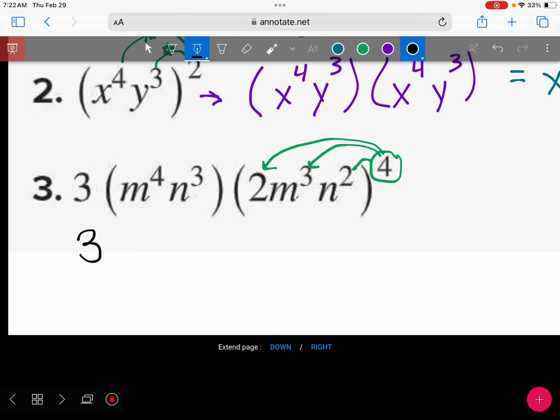We're going to have 3 times our m to the fourth n cubed. And when we bring in that 4 power to get everything down to be a product, we're going to have 2 to the fourth, m to the 3 times 4. 3 times 4 gives us 12. And n to the 8th, 4 times 2.